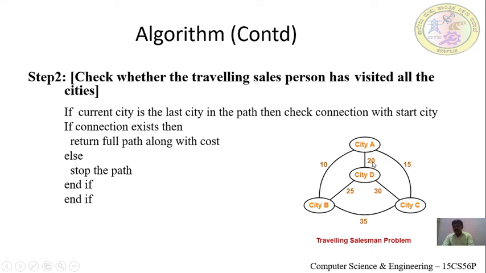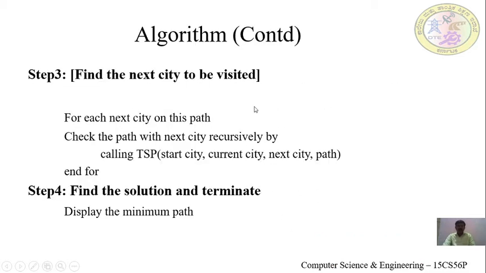There are different possible ways to reach, so select the minimum path. Find the next city to be visited. Check the path with the next city recursively by calling the TSP function, find the solution and display the minimum path.